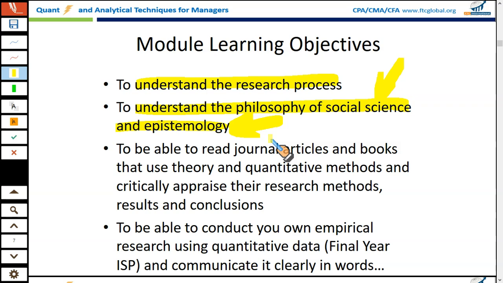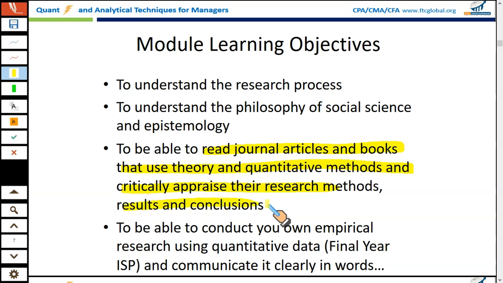Coming to the next learning outcome statement: to be able to read journal articles, books that use theory and quantitative methods and critically appraise their research methods, results and conclusions. To put it simply, you will learn how to read and evaluate scholarly work that uses numbers and theory.